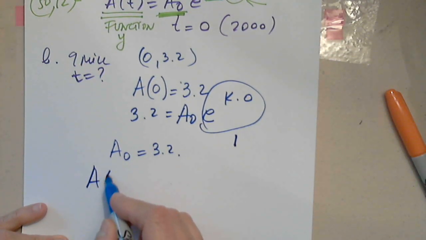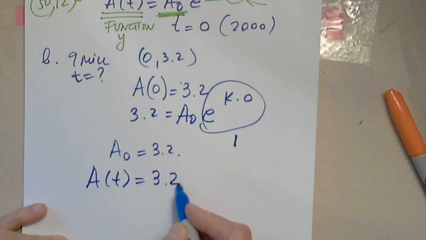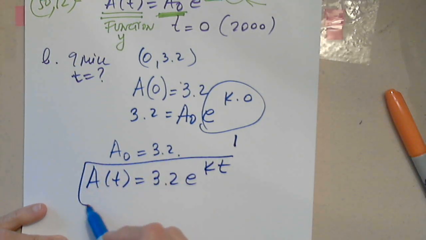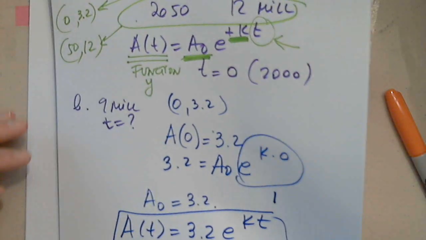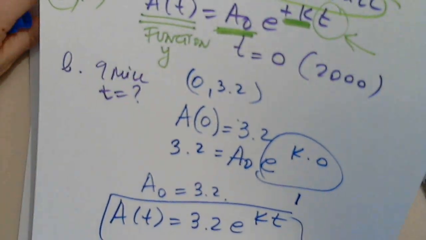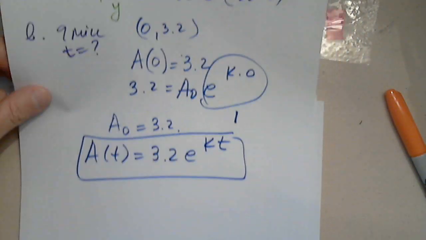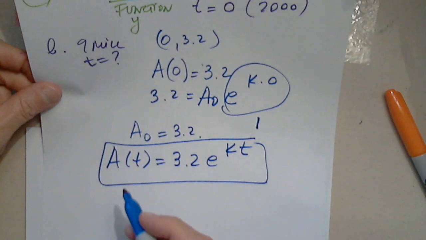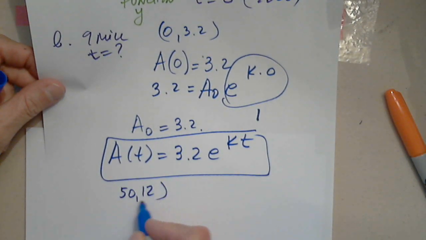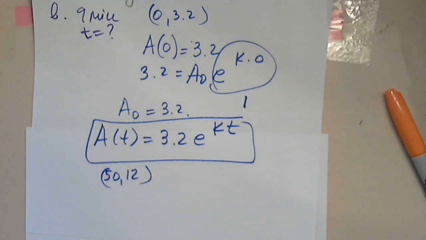So what I have right now is this. It's not done because I haven't found k yet. But now this is when the second point comes into play. Like before, what does this mean?